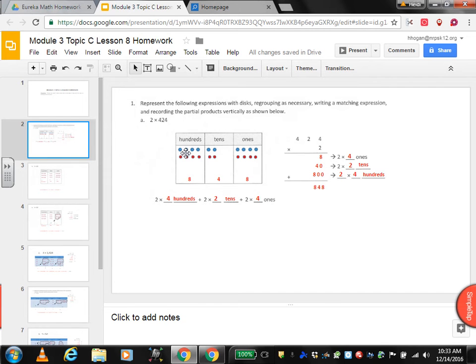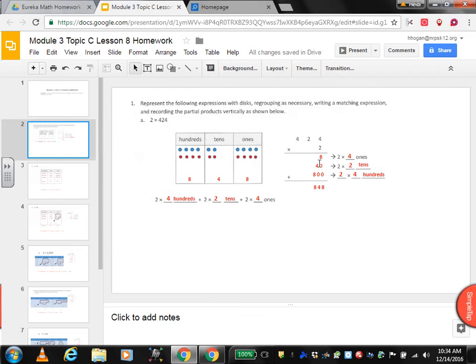So we do 1, 2, 3, 4, 24 twice. And that is 2 times 400, 2 times 2 tens, 2 times 4 ones. And over here we do our partial products, 424 times 2.